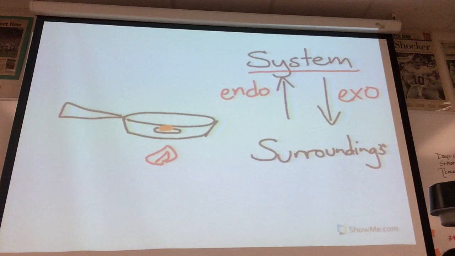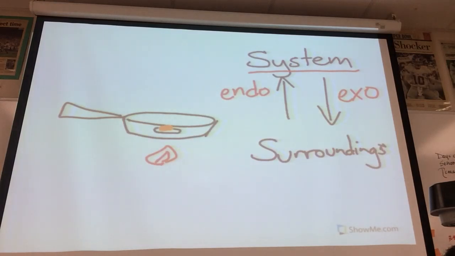Okay? Think about it like this. Like if I've got a pan on a stove and I'm cooking an egg on the pan, and the stove happens to be on. If the egg is the system, then everything else would be the surroundings. If you ask the question, if the egg is a system, is it endothermic or exothermic?